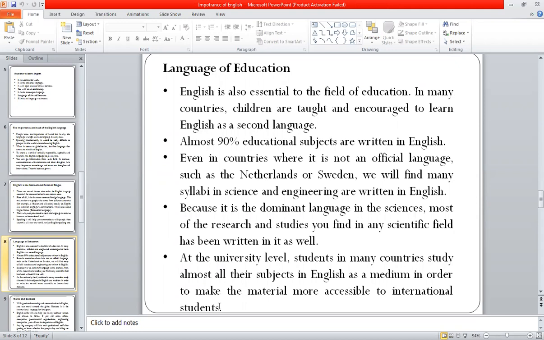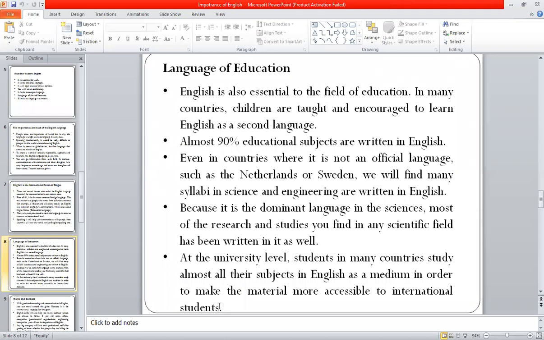This point tells us that university level students like you, in many countries, study almost all their subjects. So you are studying almost all of your subjects in English as a medium.